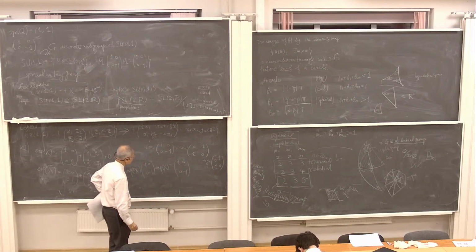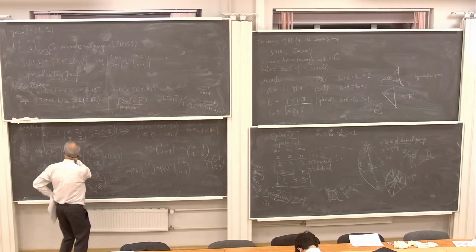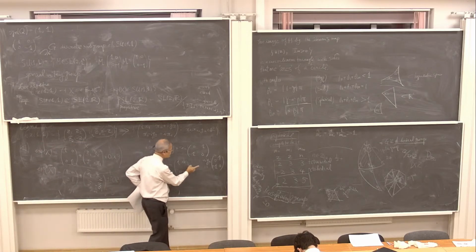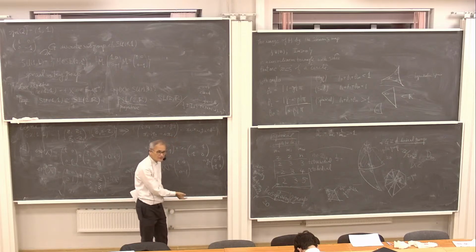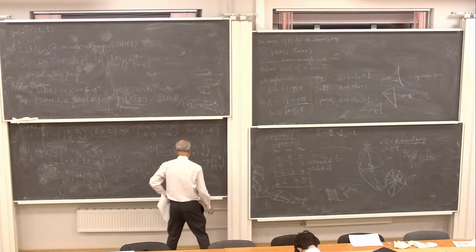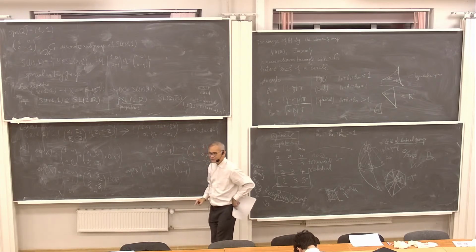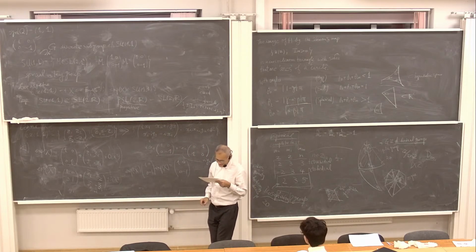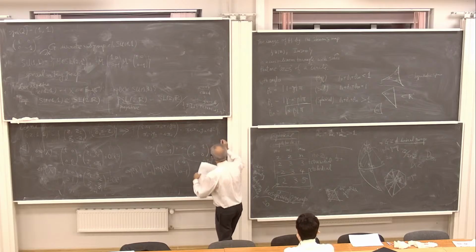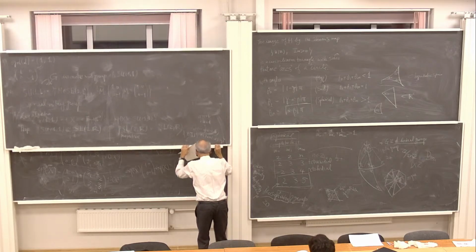In fact, that is to say this Lie algebra has three generators. And you remember the SL2R, you recall that.